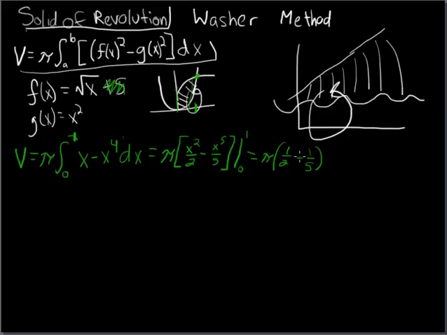Let's take a common denominator for 1/2 and 1/5. 2 times 5 is 10. So we have pi times 5/10 minus 2/10 equals, and we're on the home stretch, pi times 3/10, and now it equals, let's do a nice orange color, 3 pi over 10.